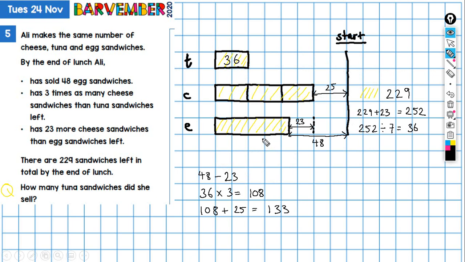What I'm asked is how many tuna sandwiches were sold. How many tuna sandwiches did I have in the end? I had 36 tuna sandwiches. So I need 133 take away 36, and that gives me 97 tuna sandwiches sold.